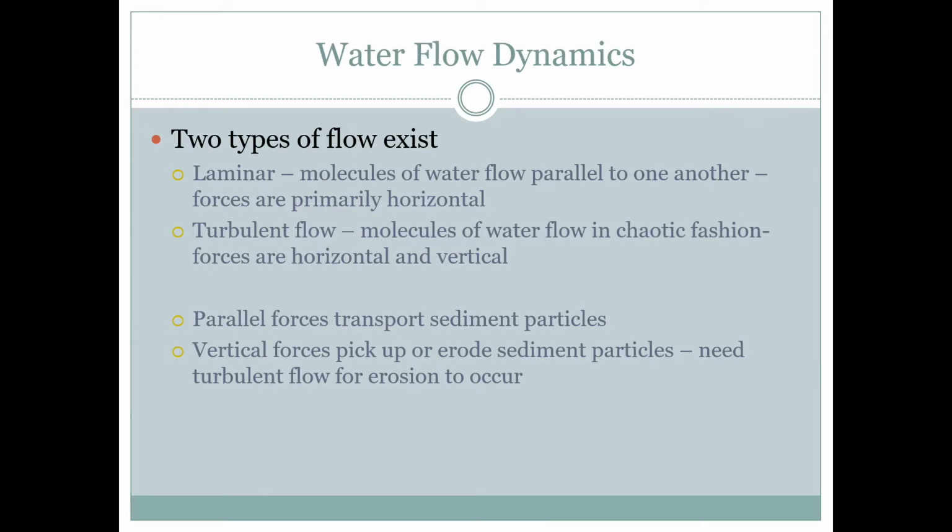They're bumping into each other, going all over the place, and you've got horizontal and vertical forces at play. It's the parallel, horizontal forces that transport sediments downstream. It's the vertical forces that pick up and erode sediment from riverbeds. So you need turbulent flow for erosion to occur.